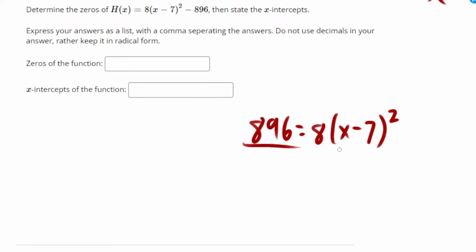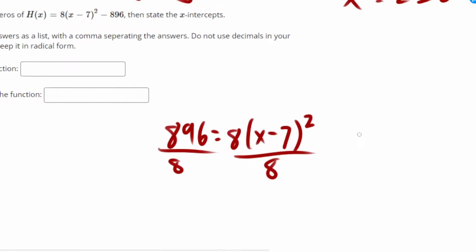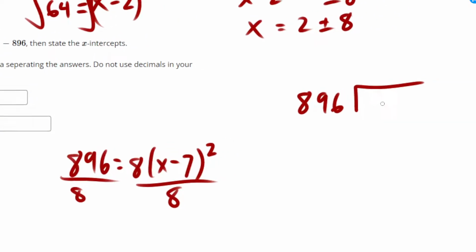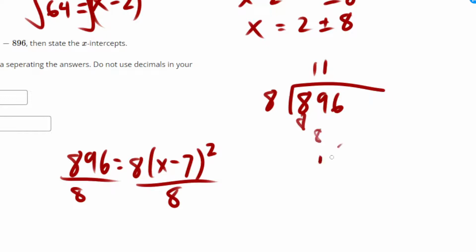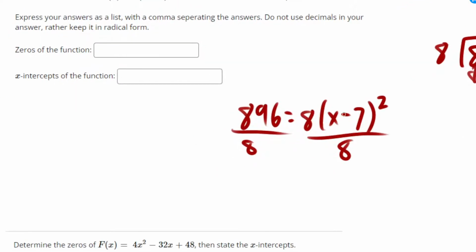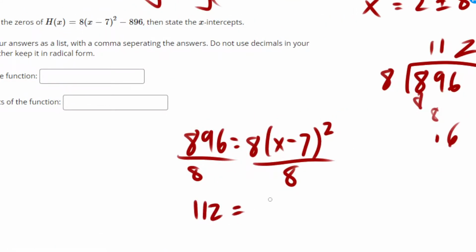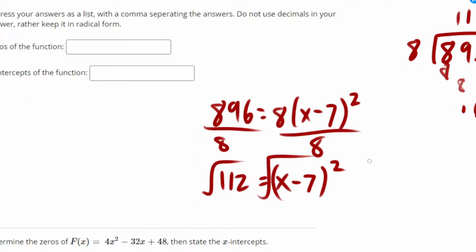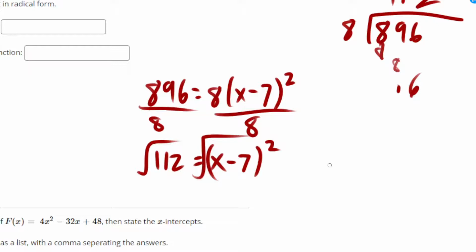We can divide both sides by 8, which leaves us with 112 is equal to x minus 7 squared. Now we can square root both sides since there's only the square on this side that we can deal with. That leaves us with the square root of 112.